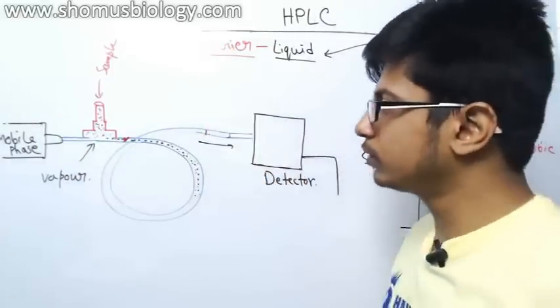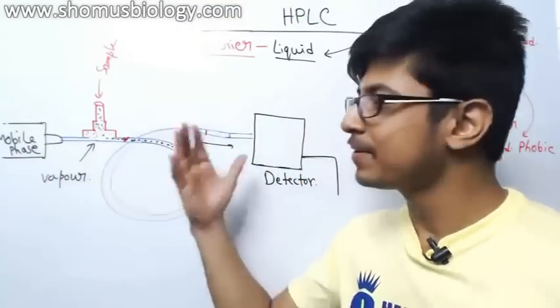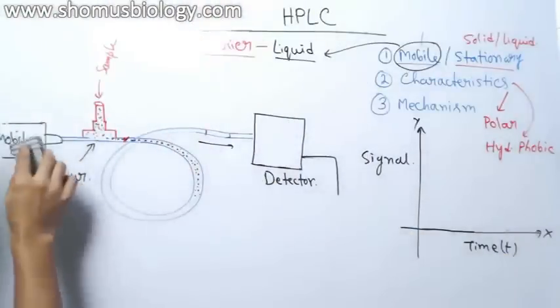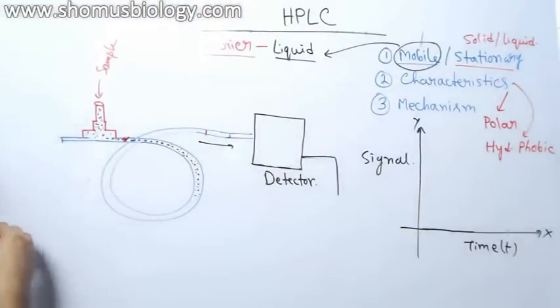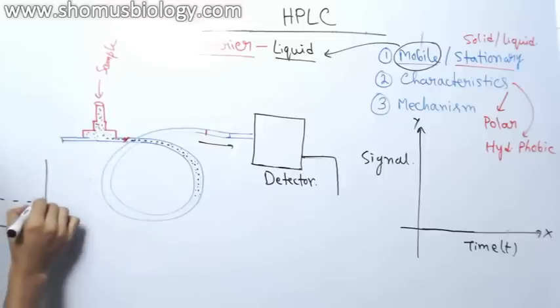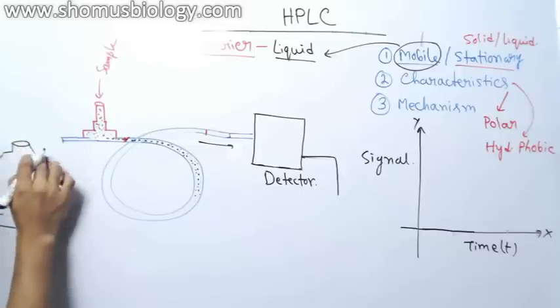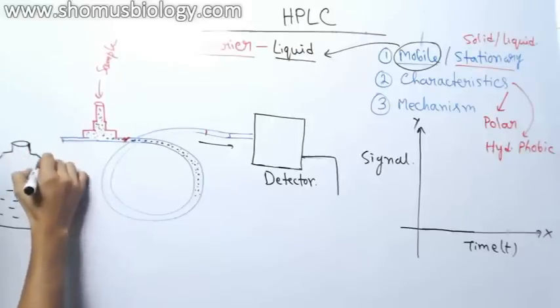I need to modify what I drew earlier for gas chromatography. In this case the mobile phase is simply a solution, so let me draw a chamber that contains a liquid solution. This is the solution chamber.